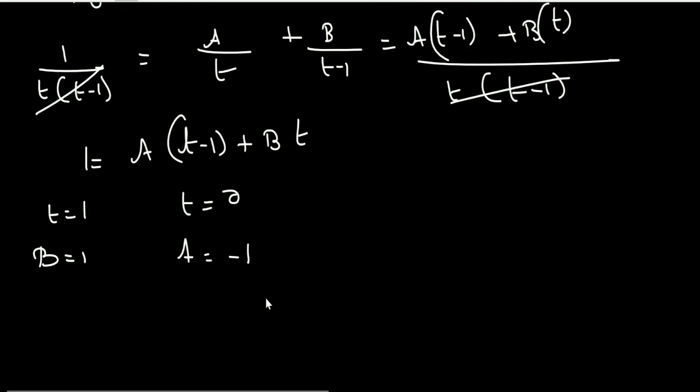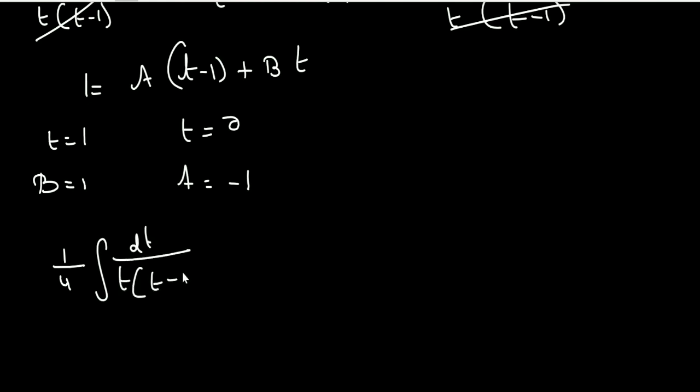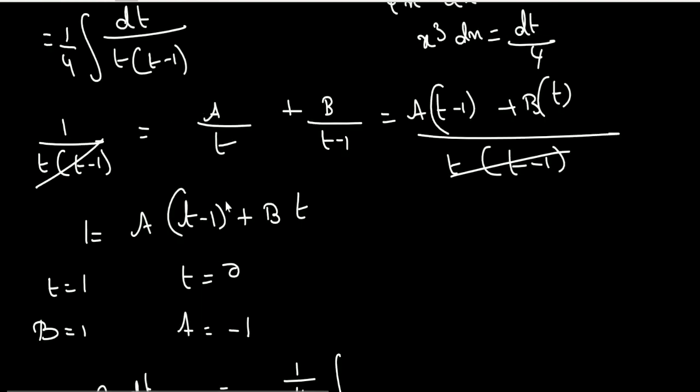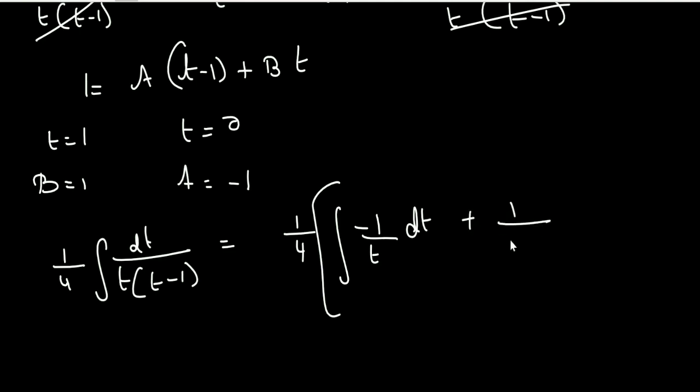So this integral will now change to 1 by 4 integral dt by t into t minus 1, which is nothing but 1 by 4 integral a by t, a is minus 1, minus 1 by t dt, plus b is plus 1, 1 by t minus 1 dt.